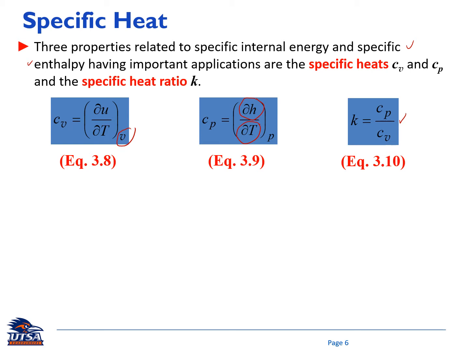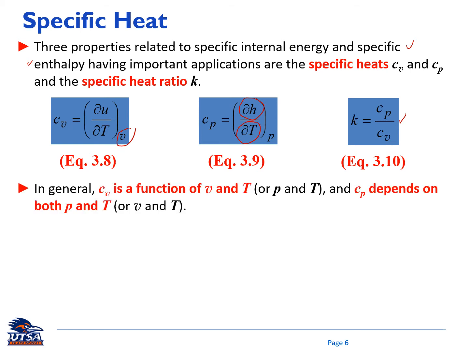Once again, k here is the specific heat ratio. In general, Cv is a function of v and T, or P and T, and Cp is a function of both P and T, or v and T, okay?